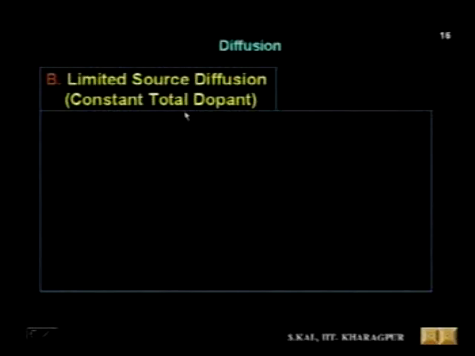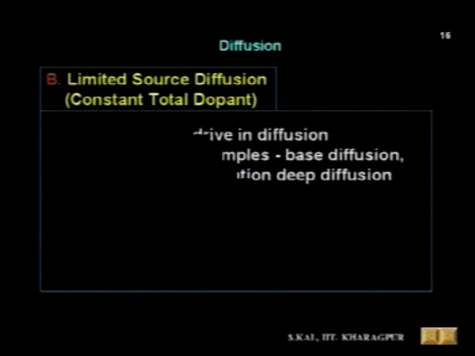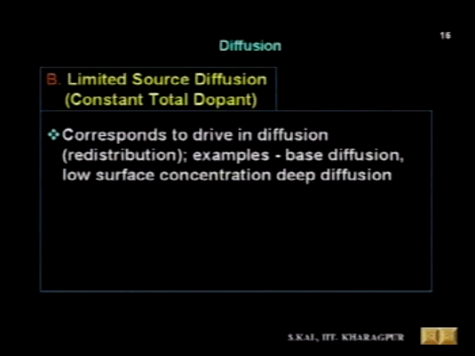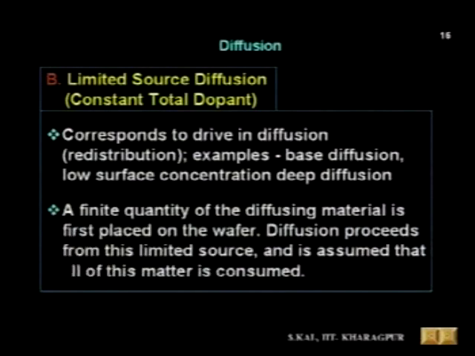Now, next is the limited source diffusion. A limited source diffusion is also called constant total dopant diffusion. This particular class of diffusion agrees with the drive-in diffusion. Examples of these diffusions are base diffusion, low surface concentration, and deep diffusion.